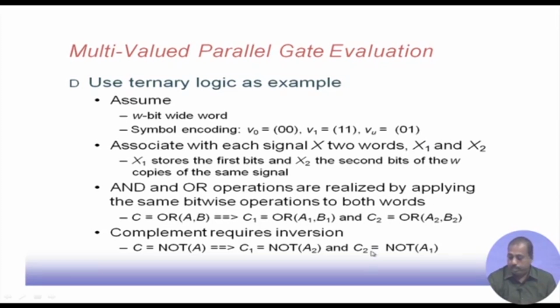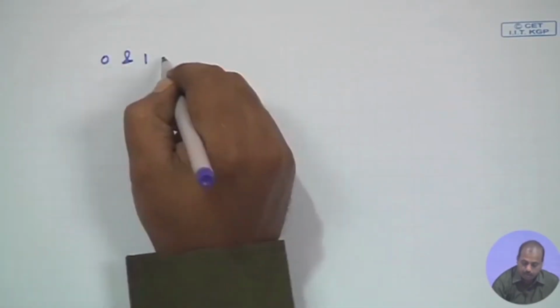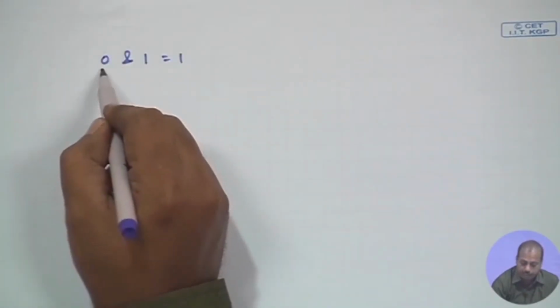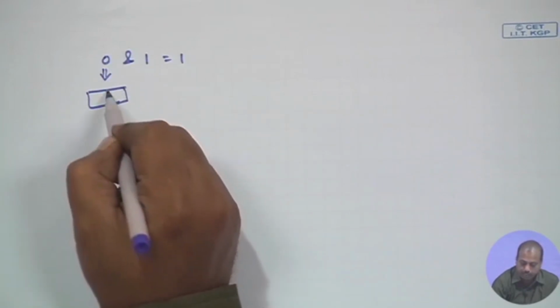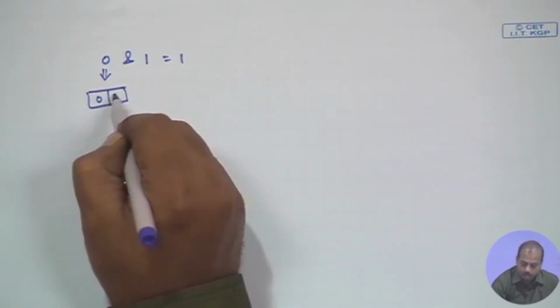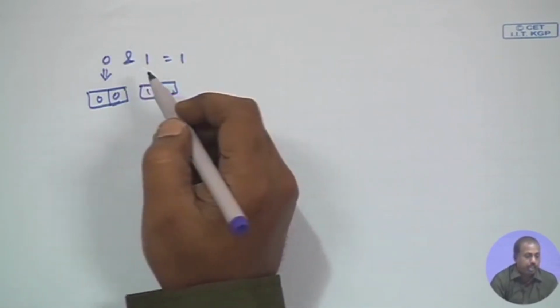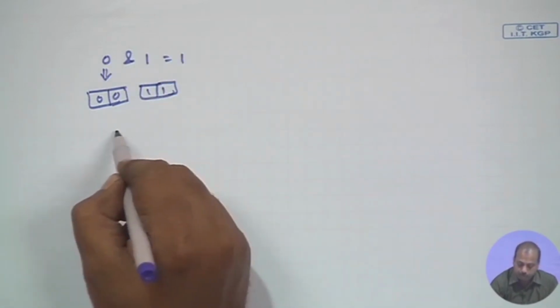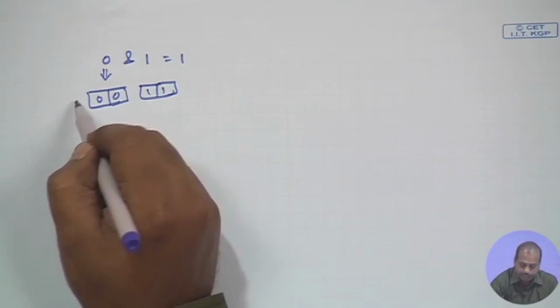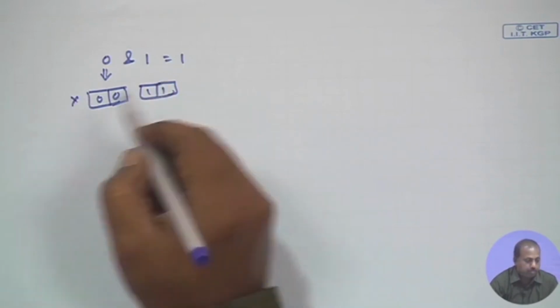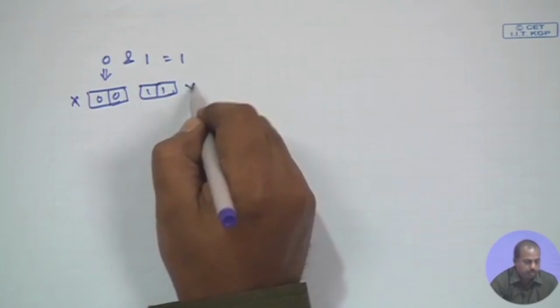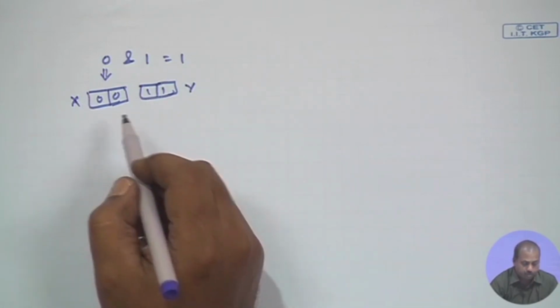Suppose I have this AND operation of 0 and 1. The result should be 0. Here 0 is represented by 2 bits 0 0 and 1 is represented by 2 bits 1 1. Say this is x and this is y.